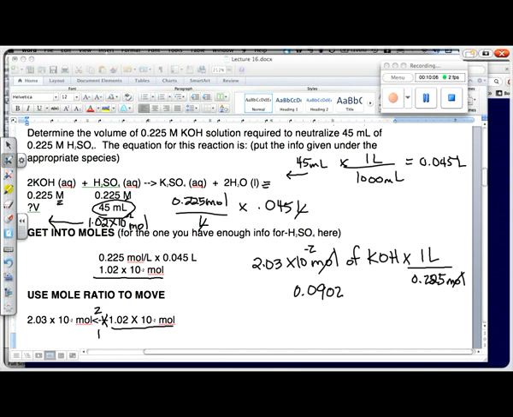No, actually it's 3. Well, I had 2 with the 45 milliliters. So I guess it should be 0.09 liters, but that comes out to be 90 milliliters. So it takes 90 milliliters of the base to neutralize the acid.